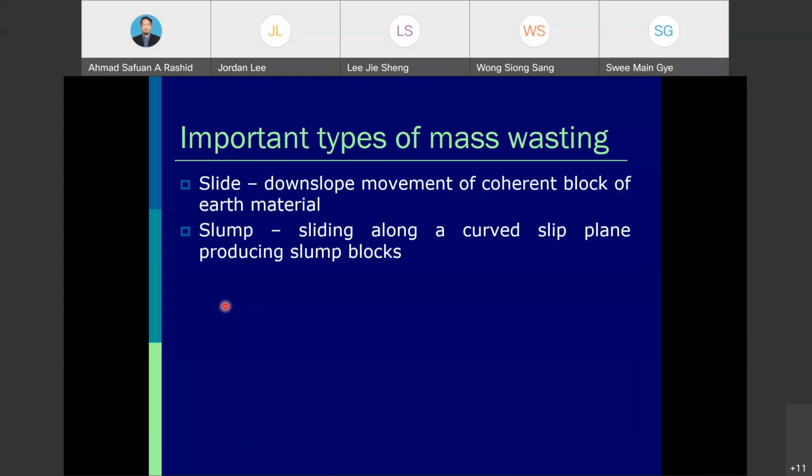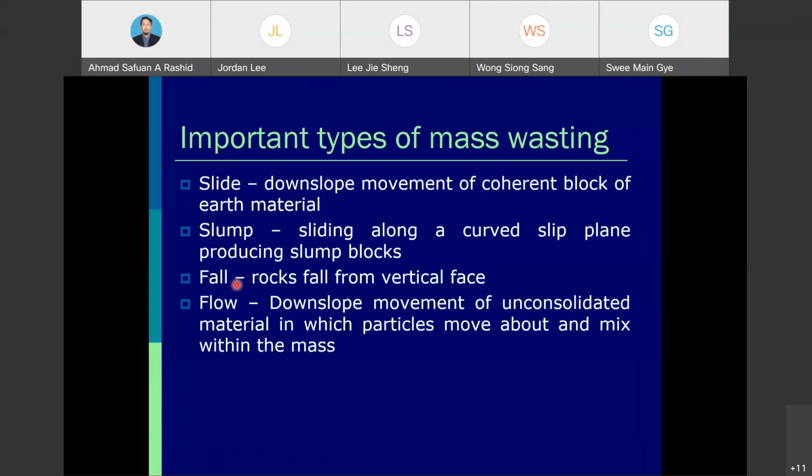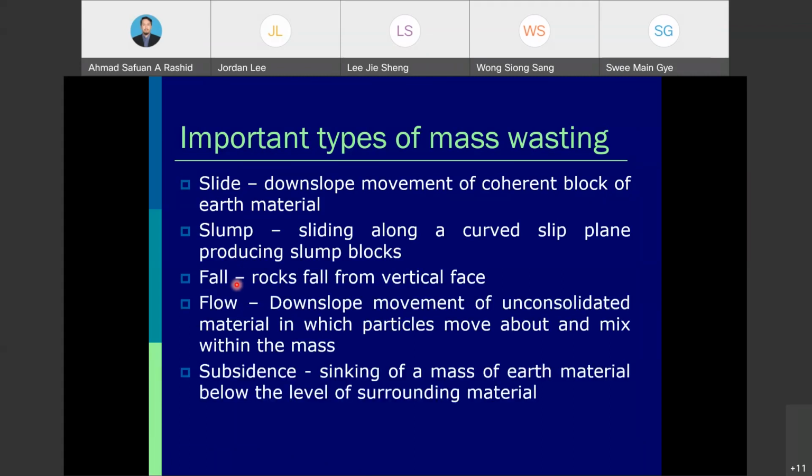Sliding along a curved slip plane produces a slump block. So this is more related to the rotational movement or the slip circle movement. Fall, flow, and subsidence, where there is a sinking of a mass of earth material below the level of the surrounding material.